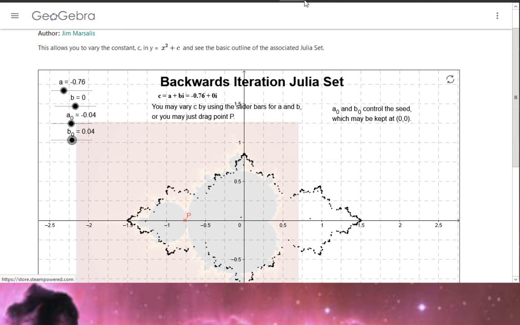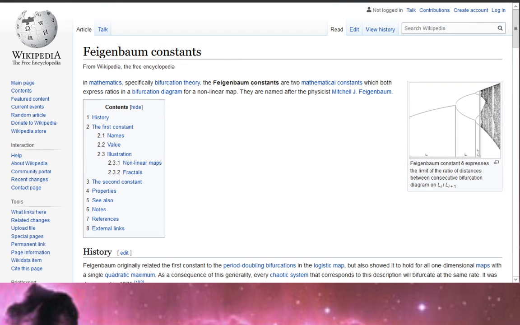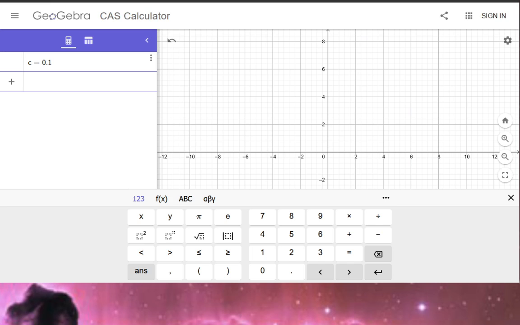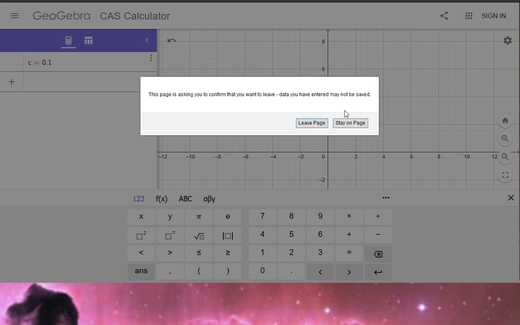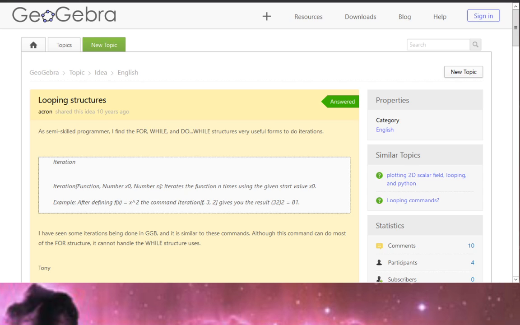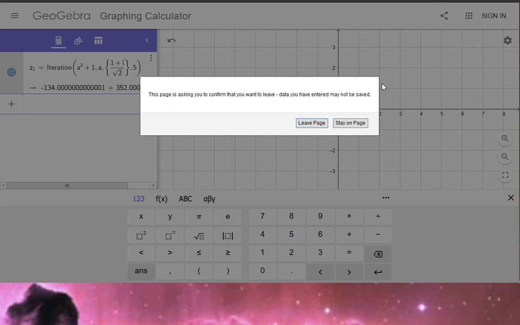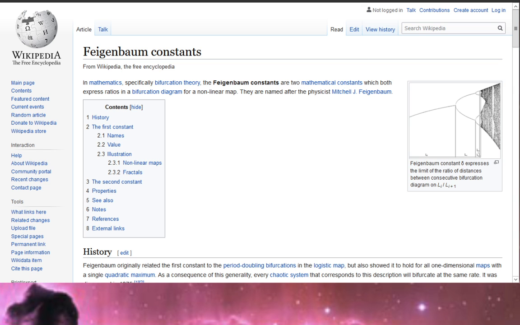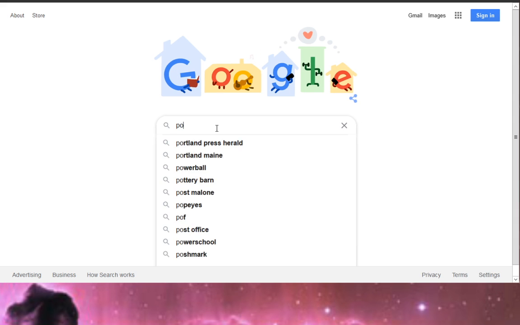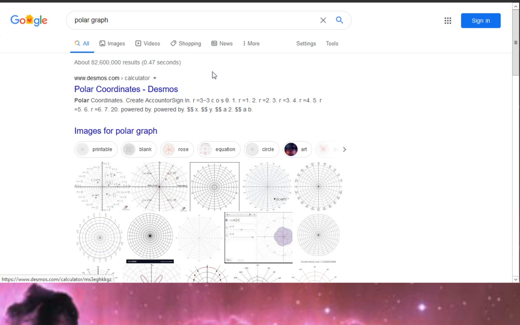So if you look up polar graph, I'll just get rid of all this. If you look at a polar graph, we get images.